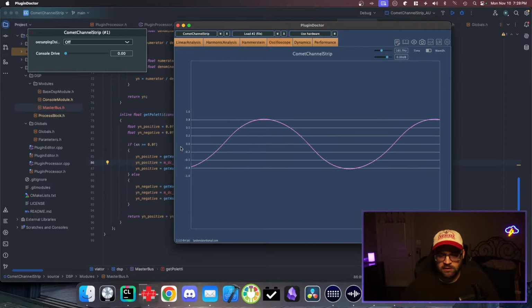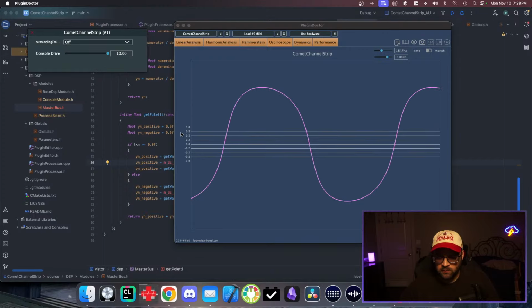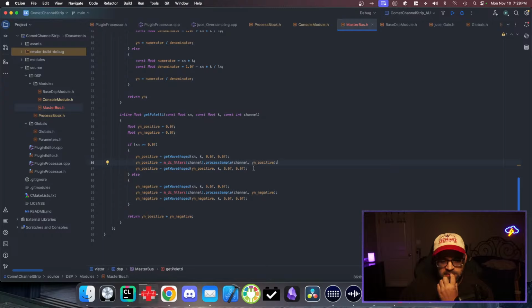Oh, this might be correct. Well, I think maybe we need to change the symmetrical ones might need to be the 0.6 ones.